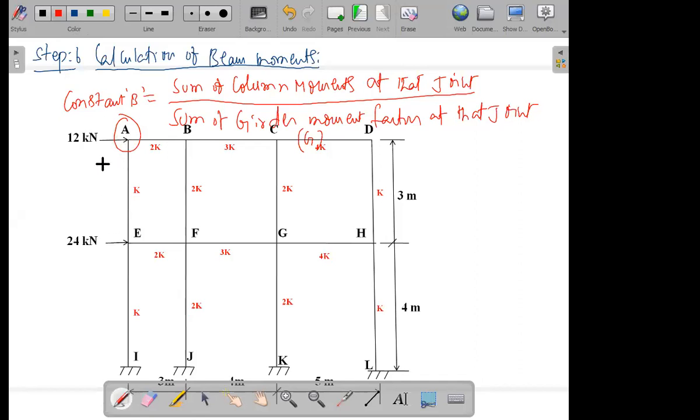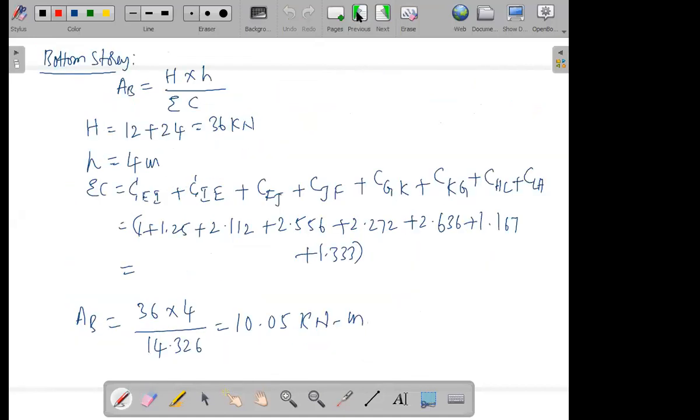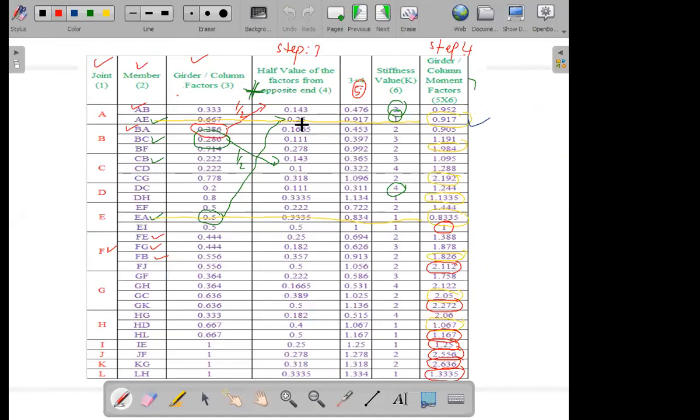So the column moment of that column, and the sum of gutter moment factors. The AB gutter is there. The AB gutter moment factor you already have in the table. See here in the table, this is the AB gutter moment factor. You have to copy that and write it here.